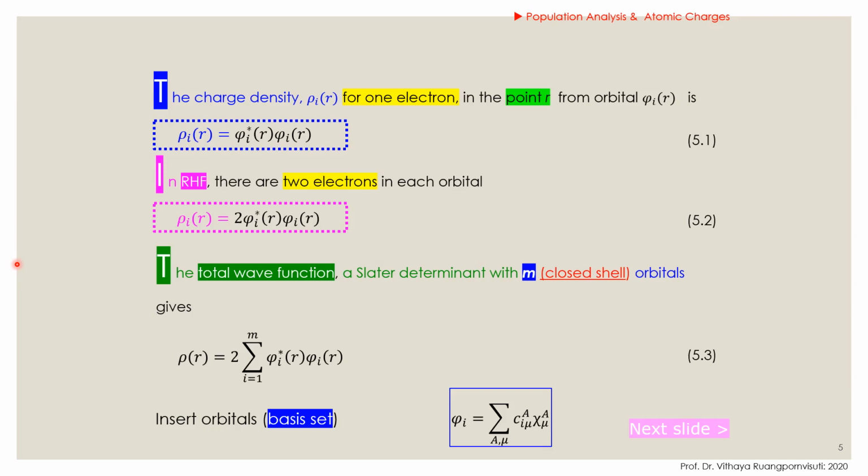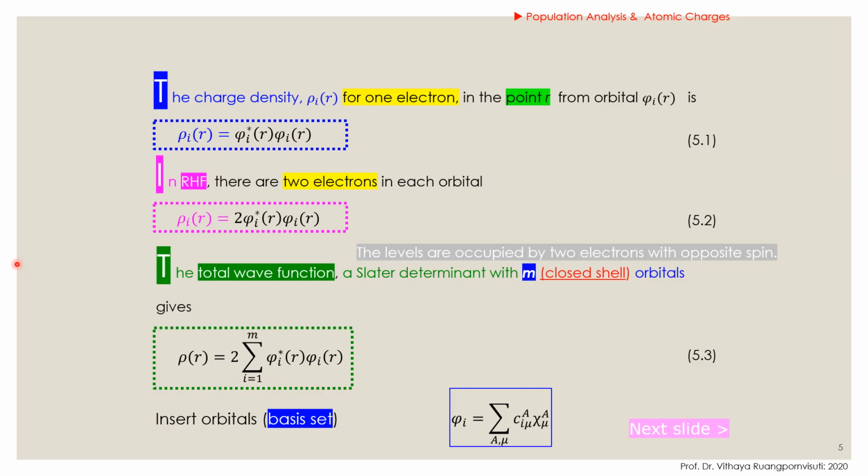The total wave function, a Slater determinant with m orbitals of the closed-shell molecule, can be obtained from equation 5.3.